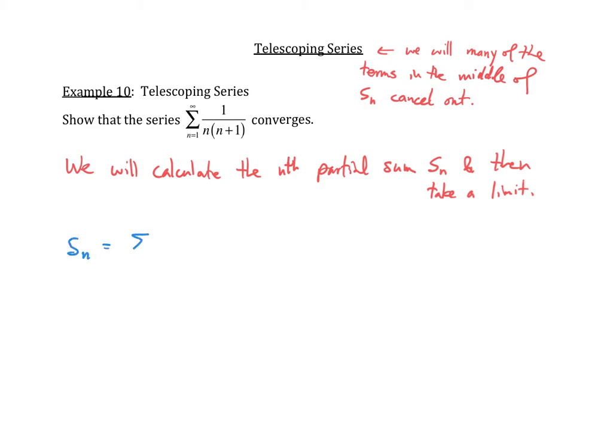In order to do that, I'm going to replace my indexing variable with an i so that we can go from 1 to n. That makes my general term 1 over i times i plus 1. So it's 1 over 1 times 2 plus 1 over 2 times 3 plus so on and so forth. And then the last term of our nth partial sum will be 1 over n times n plus 1.